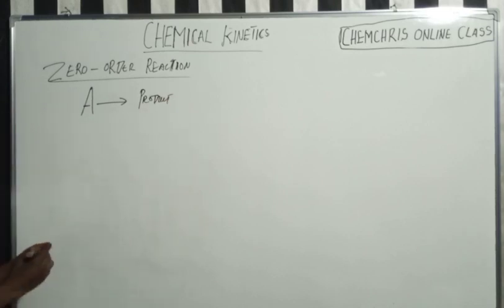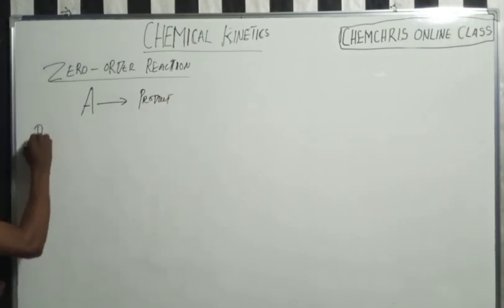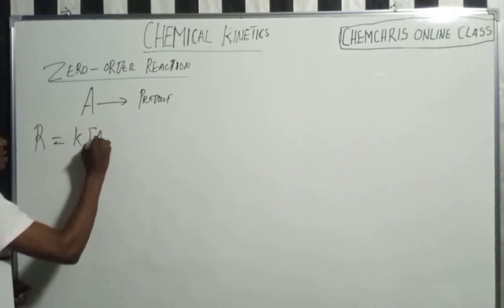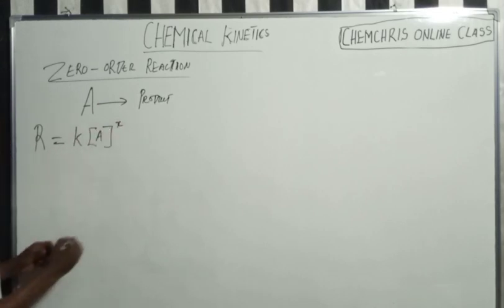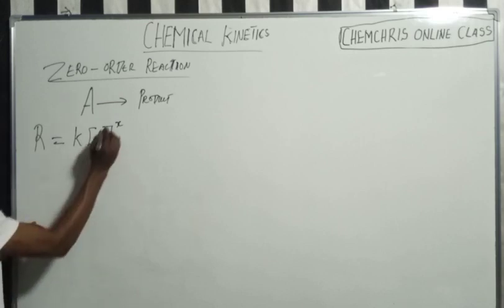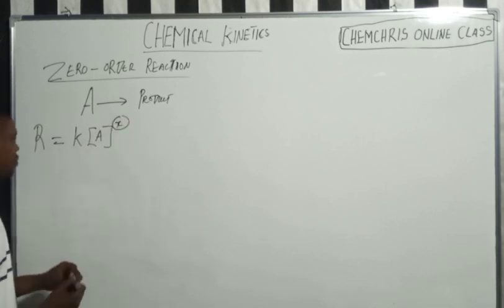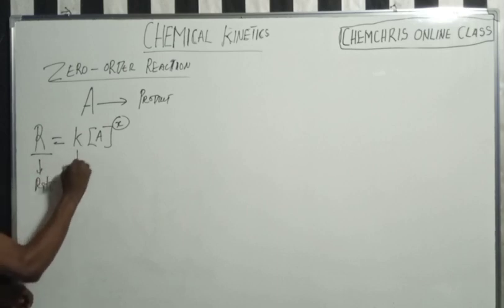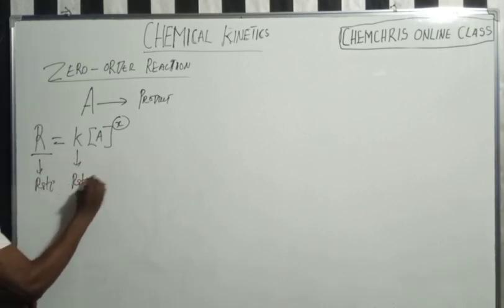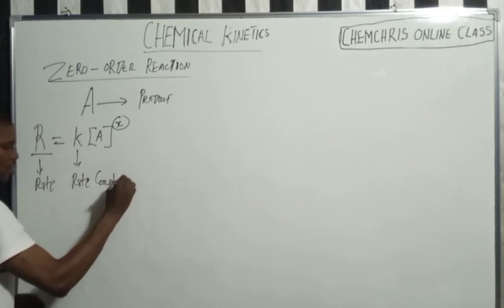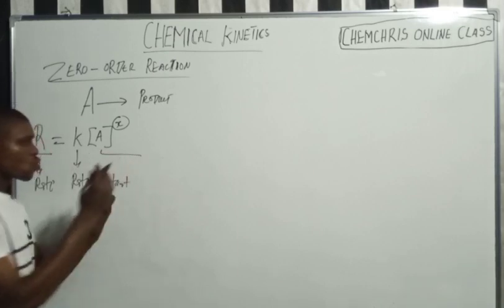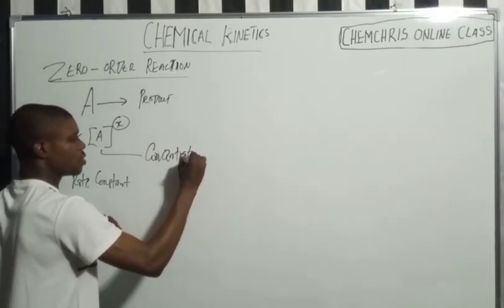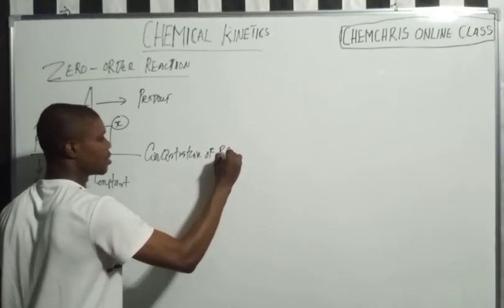The rate law relates the rate of a reaction to the concentration of the reactant raised to a coefficient. So this x means the order of the reaction. This one means the rate. This one means the rate constant. Then this one means the concentration of the reactant.